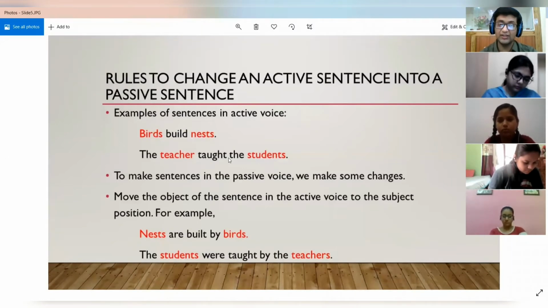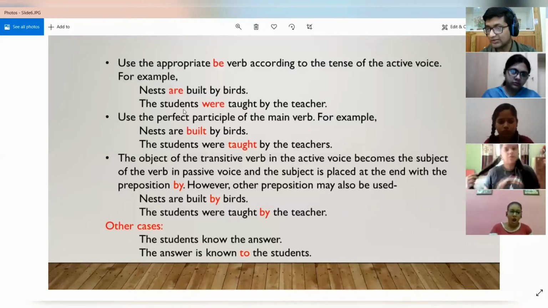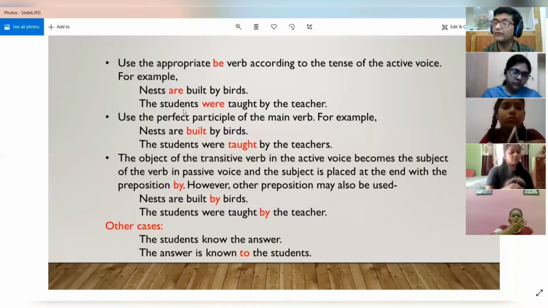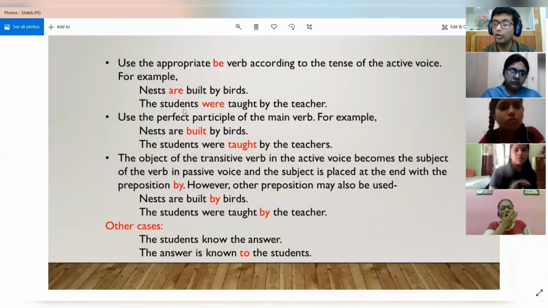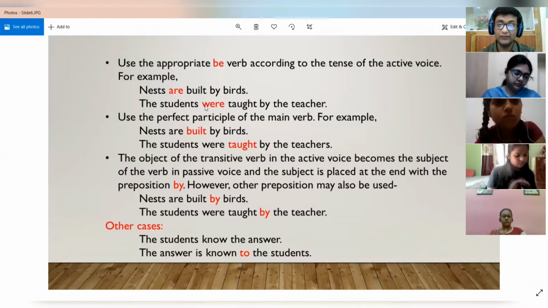So what are the changes that are happening? Let's see. First of all, the position of the teacher has been changed. The teacher has gone into the object's place, and the students have come into the subject place. So first of all, we have reversed the position of the subject and the object. Then what is the next thing that we have done?